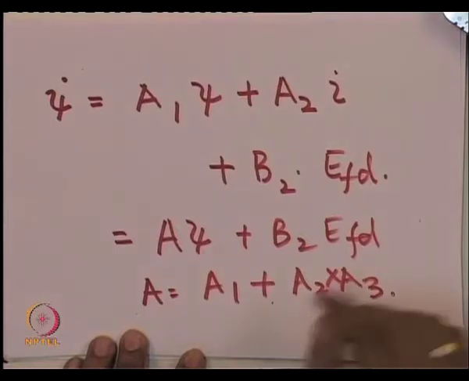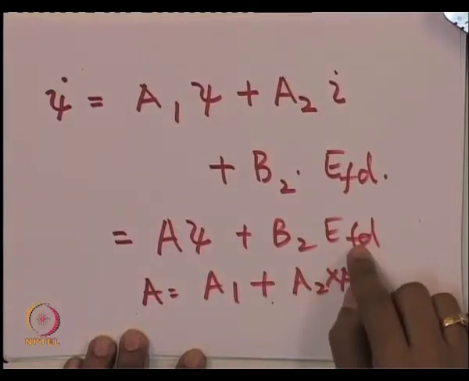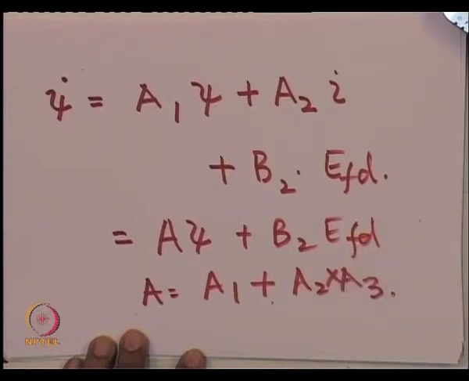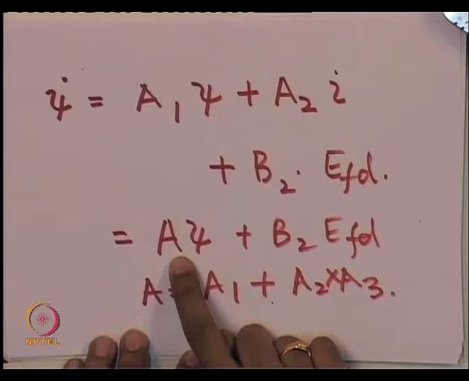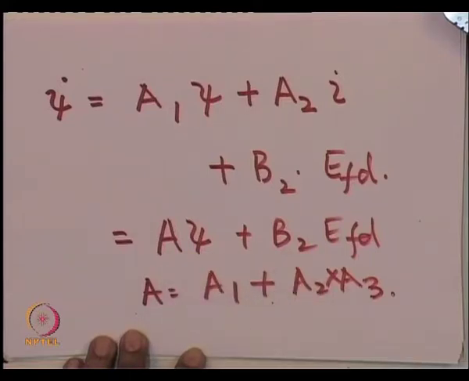Okay. So, E f d if it is assumed to be 1, the steady state value of variables with E f d equal to 1 is simply psi equal to minus of A inverse B2. Okay. So, that is what is shown here on the screen.